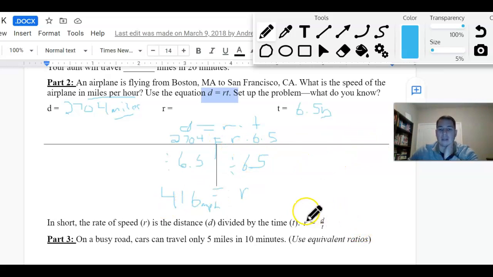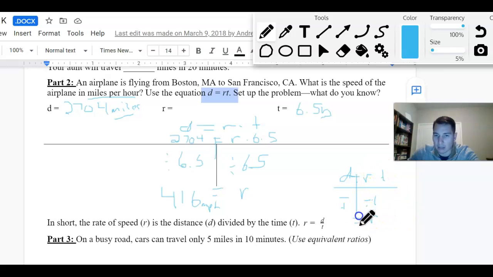Wow. All right. In short, the rate or the speed is the distance divided by the time. I want us to look at DIRT. D equals R times T. If we don't have any numbers in here, but we want to get R by itself, we have to divide by T. We can rewrite that.